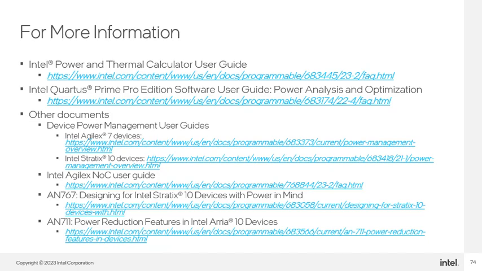If you are using a device that includes the hardened network-on-chip IP, such as the Intel Agilex 7 FPGA M-series, the NOC user guide details its use and provides a recommended flow for using the PTC to estimate NOC power usage. Other documents are available for power analysis and optimization in older device families.